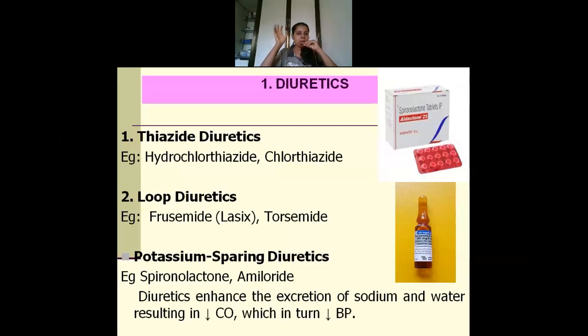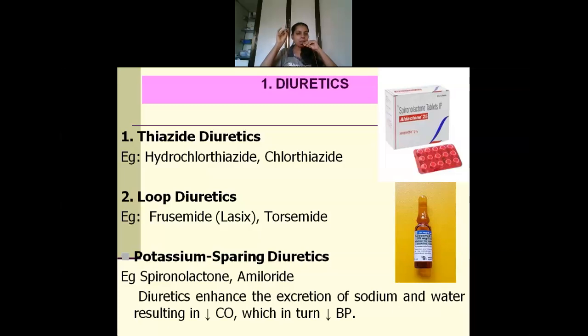So we have got mainly three classifications of diuretics: loop diuretics, thiazide diuretics, and potassium sparing diuretics. One more classification is there, osmotic diuretics, that we use when your intracranial pressure is more. Now we need only three, that is loop diuretic, thiazide diuretic, and potassium sparing diuretic.